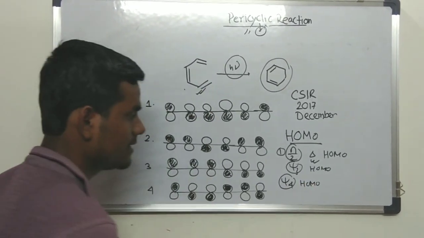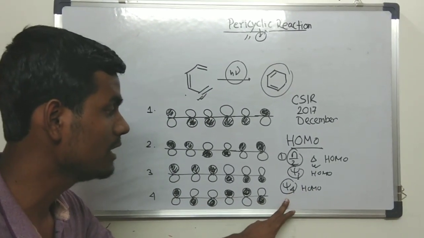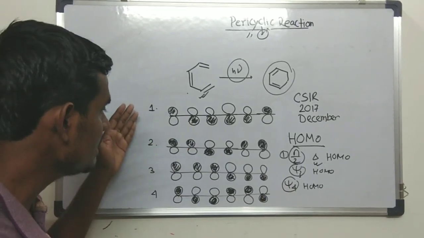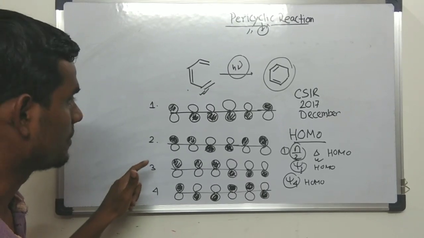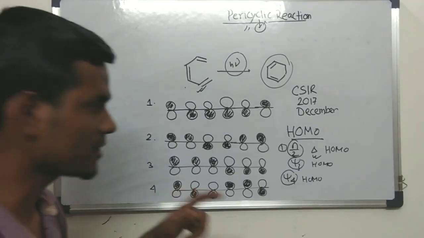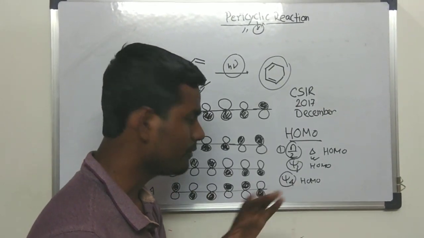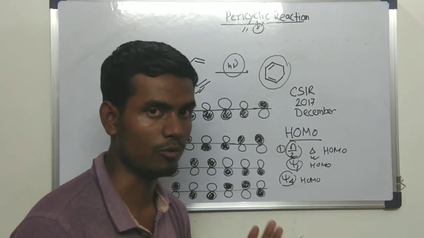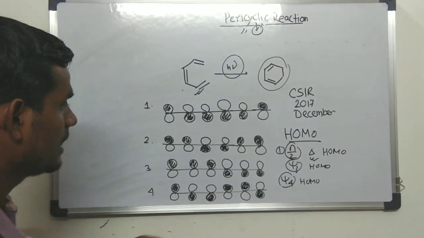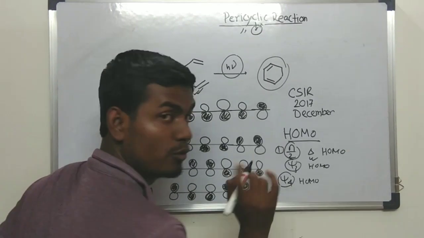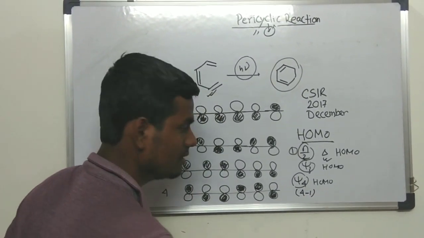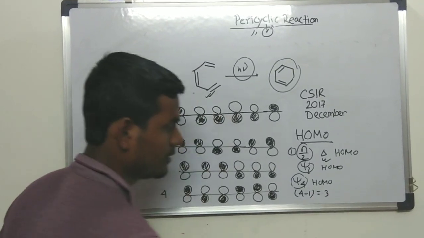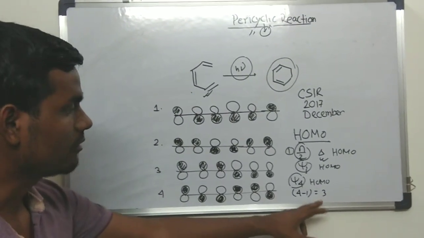Now let's see some important points about psi 4, by which you can easily pick out the correct option and eliminate the wrong options. How to find those options? You have already understood that my psi 4 is the HOMO. Now you know the number of nodal planes will be n minus 1, that is 4 minus 1, 3 nodal planes.